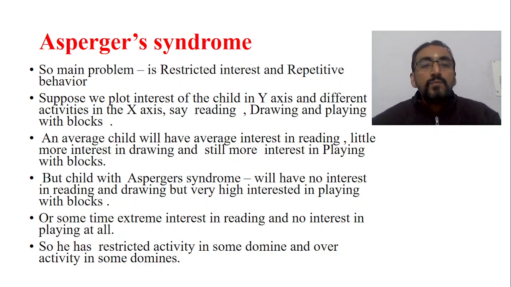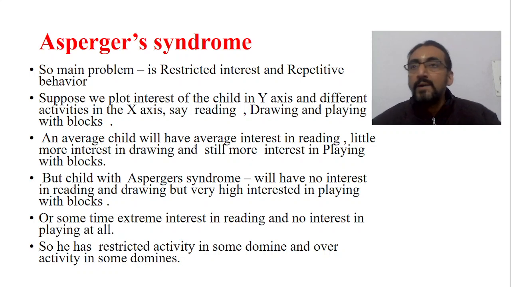Now, suppose we plot the interest of a child on the y-axis and different activities on the x-axis, say reading, drawing, and playing. Usually in kids, these are the three things that we see in normal kids, isn't it? Kids want to read, they like drawing very much, and then they want to play.